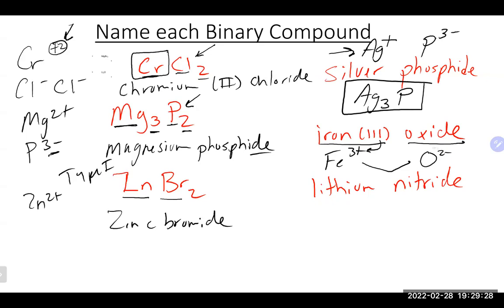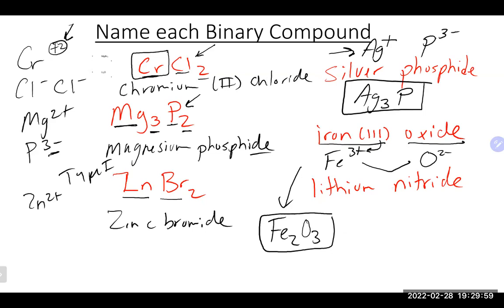So the easiest way to do that is just to multiply those two numbers together, and that gives us 6, which is what we're shooting for. So to get iron to 6, we need 2 of them, right? To get our oxygen to 6, we need 3 of them, and we end up with Fe2O3. 2 times +3 is +6, and 3 times -2 is -6, gives us a 0. Any questions on that one there?